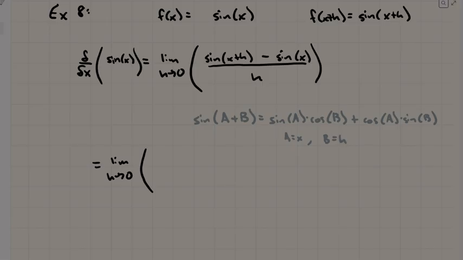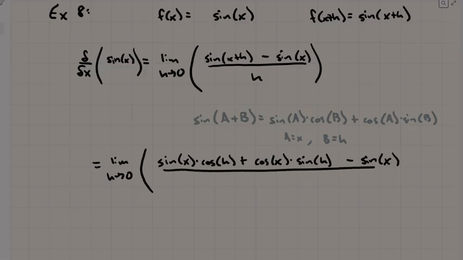And so then it would just be sine of x times cosine of h plus cosine of x times sine of h minus sine of x over h. Okay.